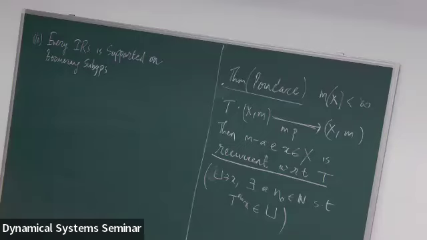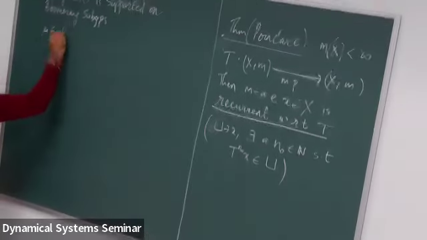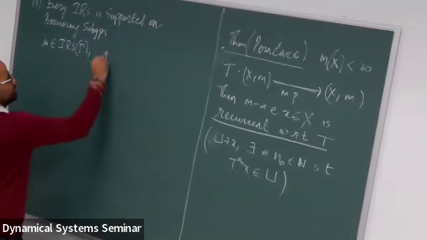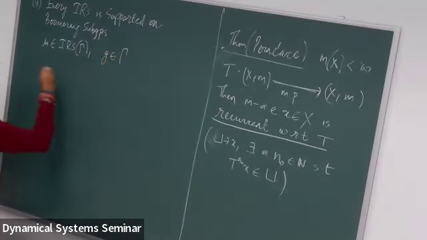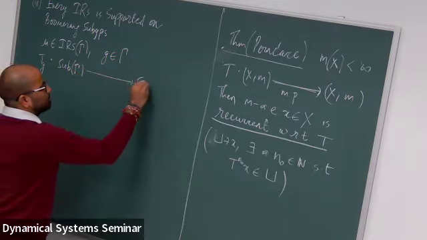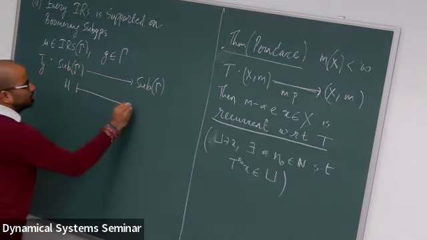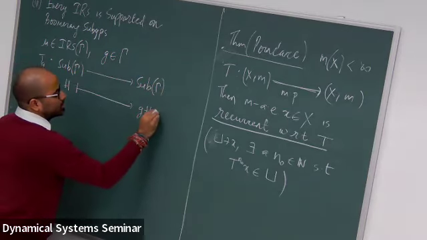So now let's pick mu to be an IRS, and I fix this g in my group gamma, and I look at the corresponding T_g map from Sub(gamma) to Sub(gamma), which sends H to g H g inverse.